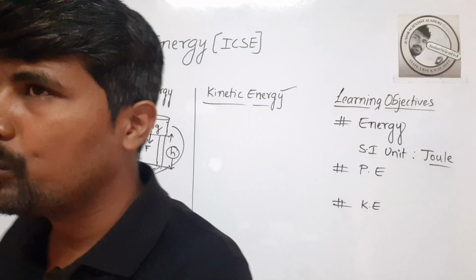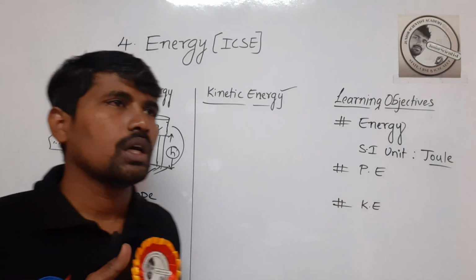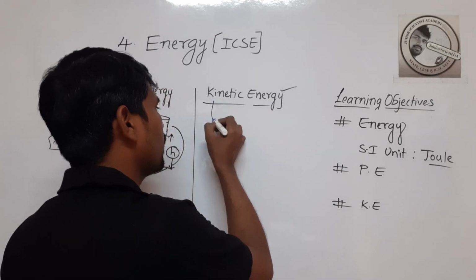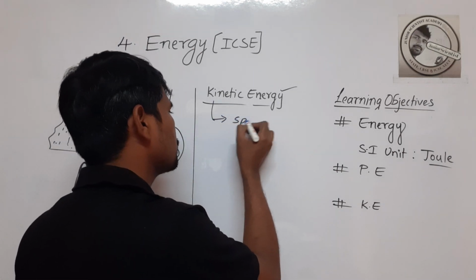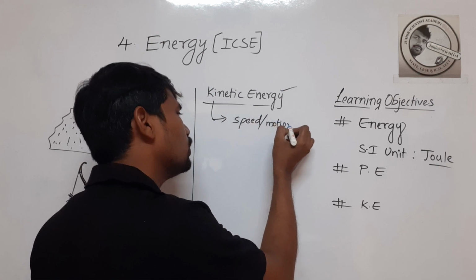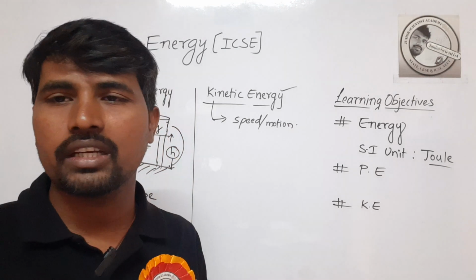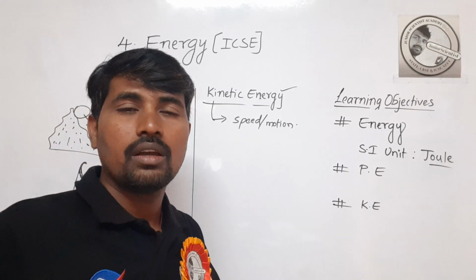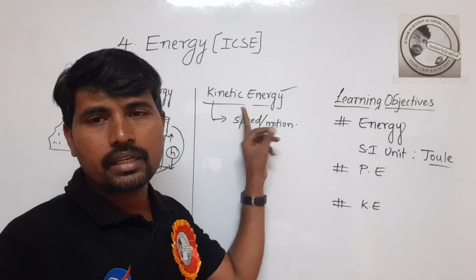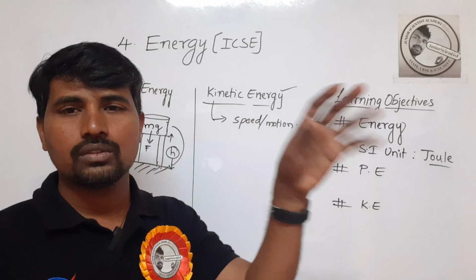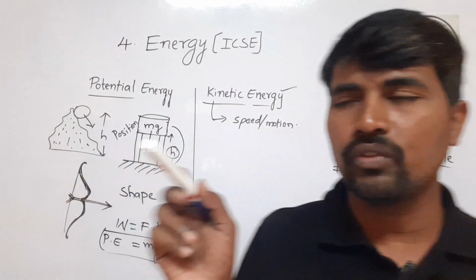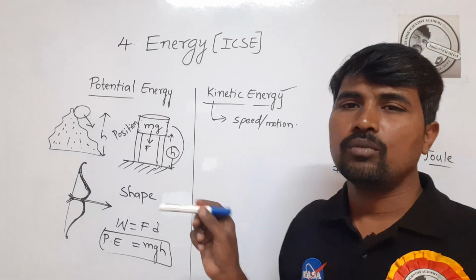Any object that has motion, that is speed, has kinetic energy. Very, very, very simple. Kinetic: speed or motion. Any object in motion has kinetic energy. Examples: a vehicle is moving, then it has kinetic energy. Okay, so a stone, a bullet, a moving stone, a moving body, a moving pen, a moving pencil, a moving aeroplane, moving vehicles.